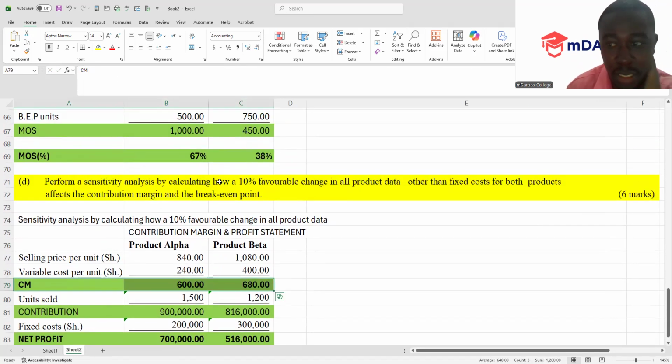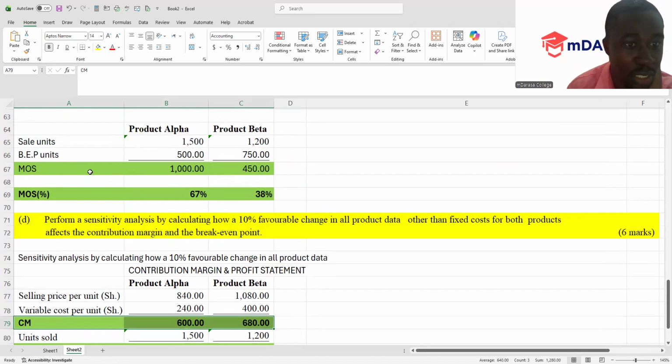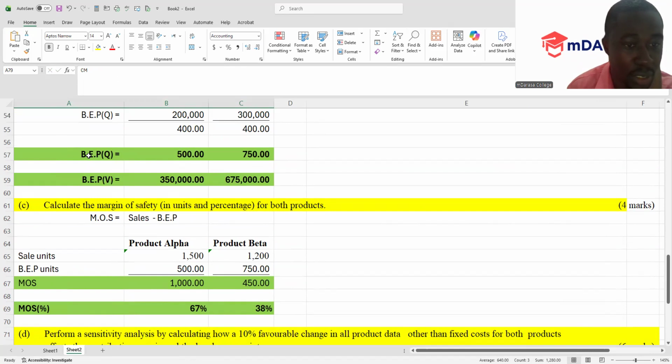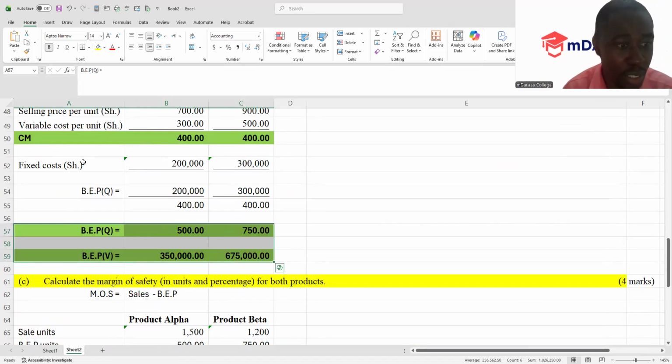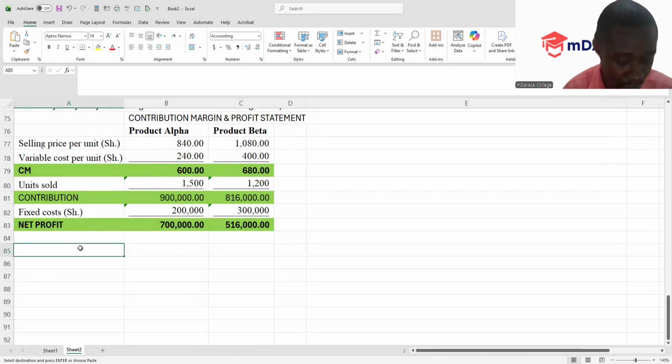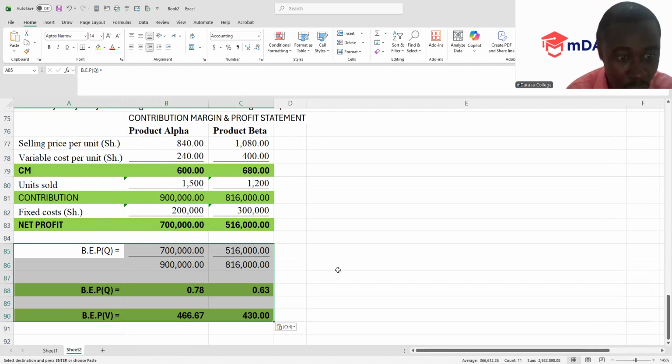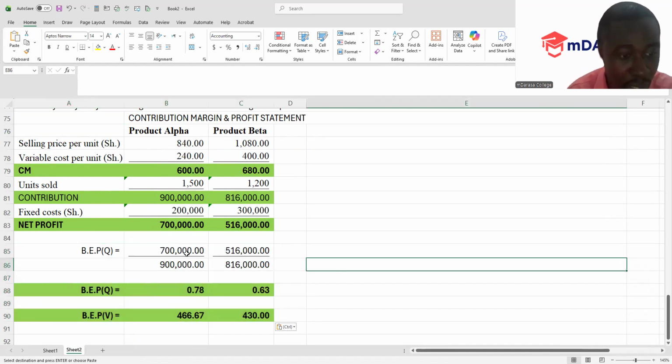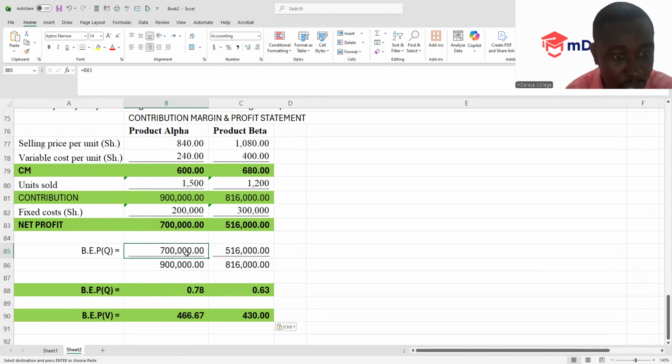The impact is on our break-even point. So break-even point, the same case, we are going to consider what will be our new break-even point now. Recall our fixed cost will not be affected.